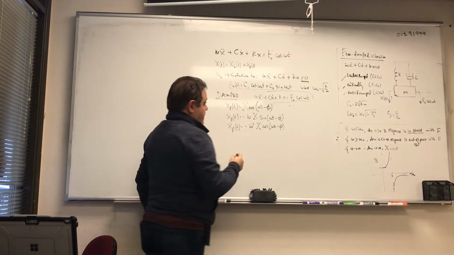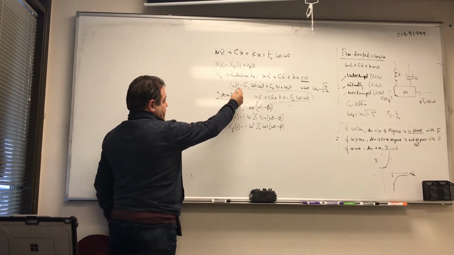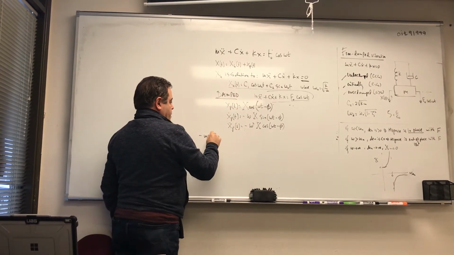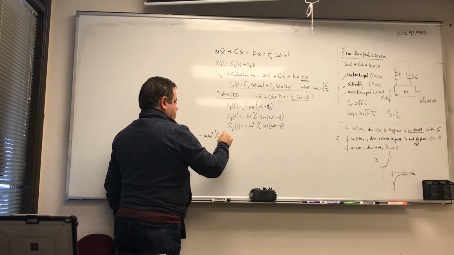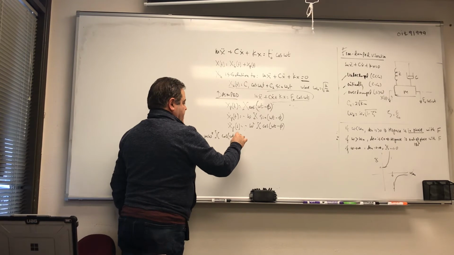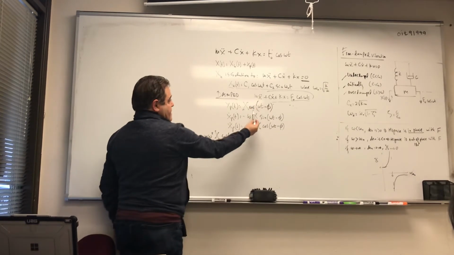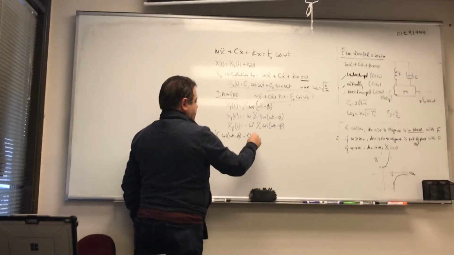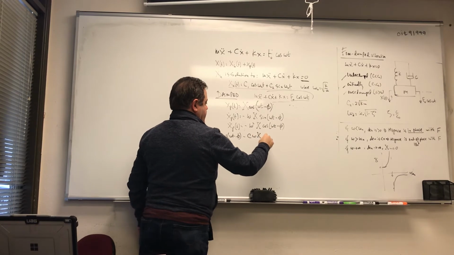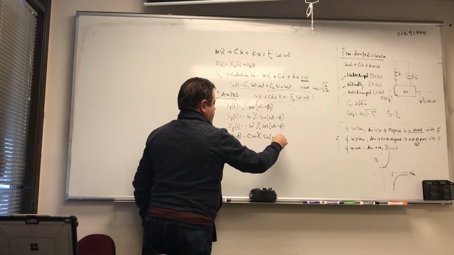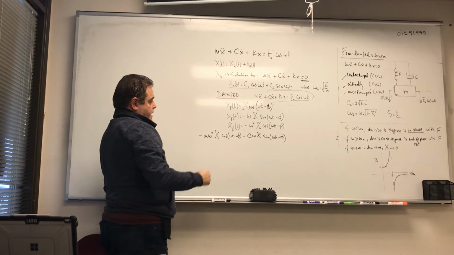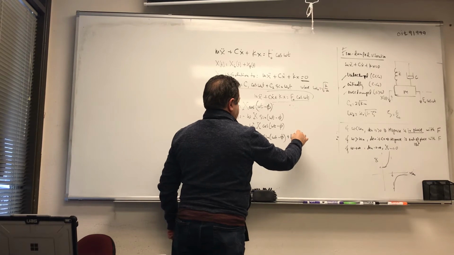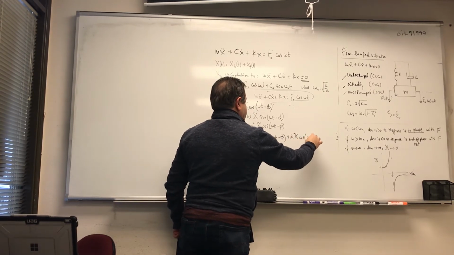If I plug it in, I get the same thing as before: m times this, which is minus m omega squared x cosine omega t minus phi, plus c x dot, which is minus c omega x sine omega t minus phi, plus k x cosine omega t minus phi.